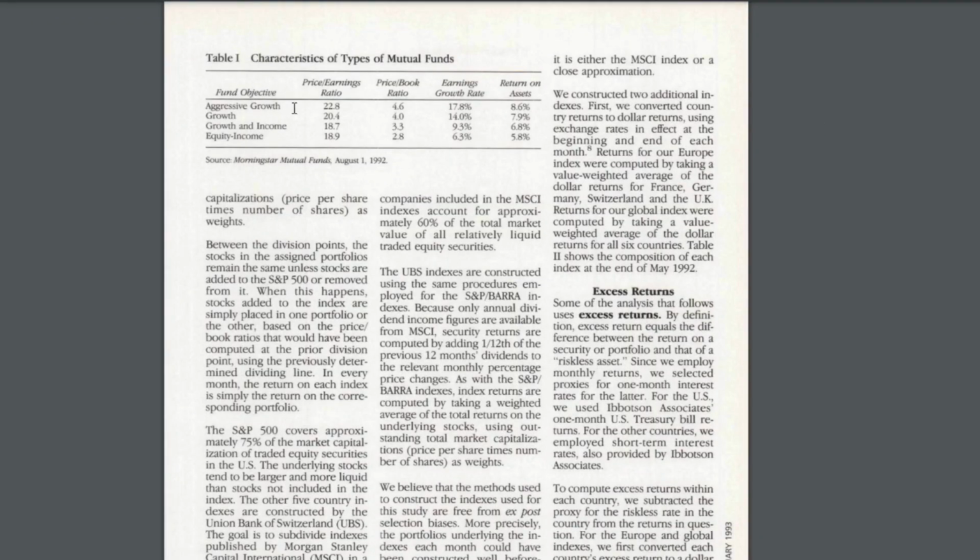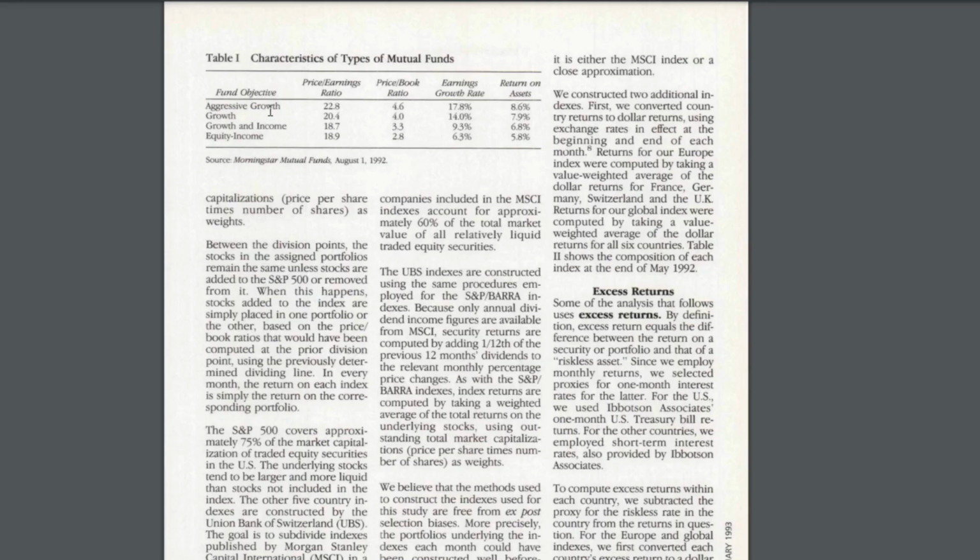This goes over just how mutual funds are organized at the time, going over kind of the popularity of growth stocks. While we see the price to earnings ratios and the price to book ratios are pretty high for aggressive growth, relatively speaking, right? An equity income fund is a little bit more derived in consistency, not high growth stocks, right?